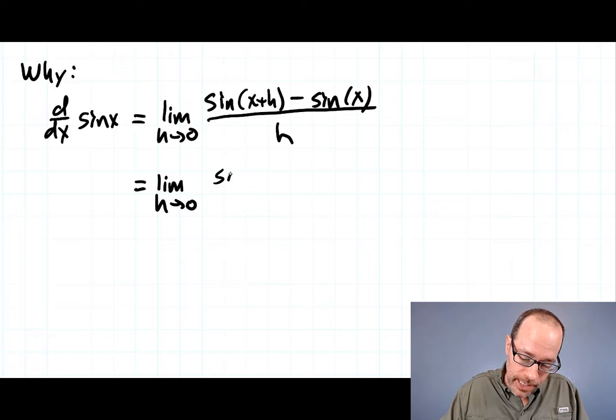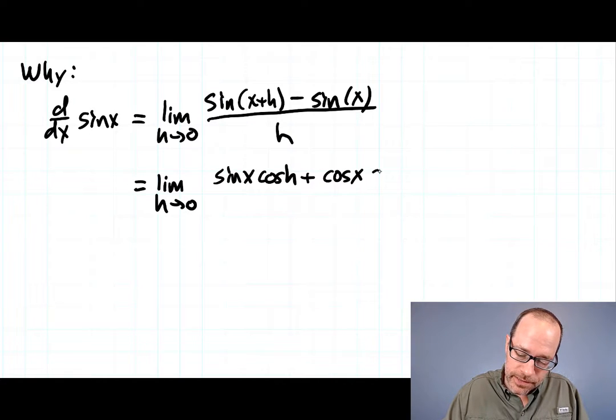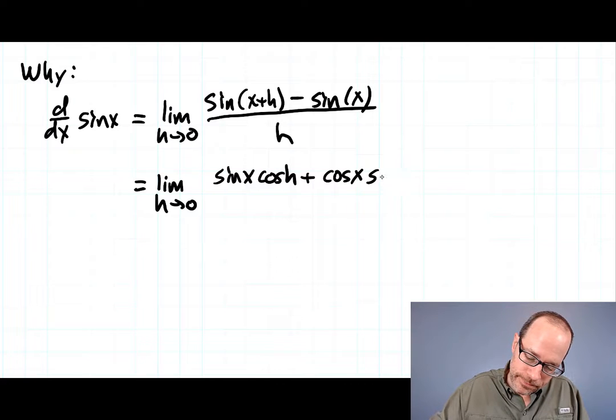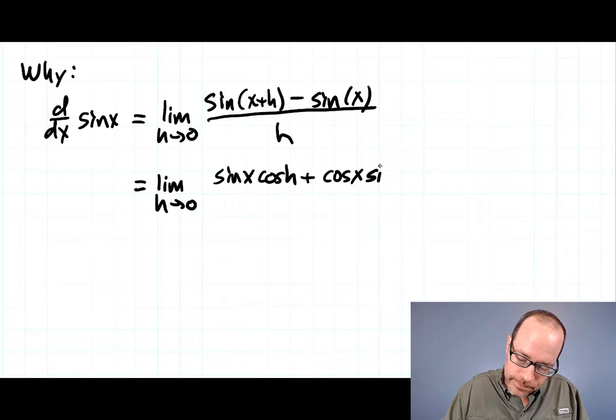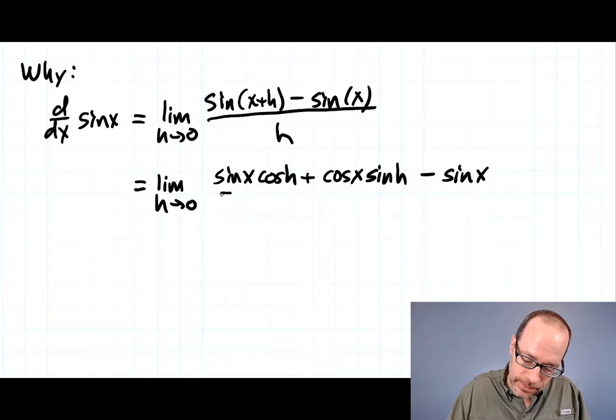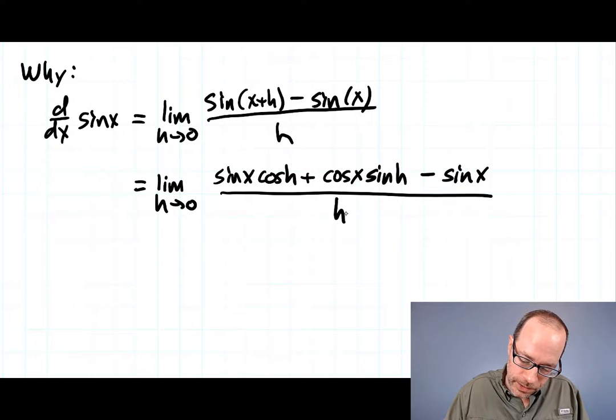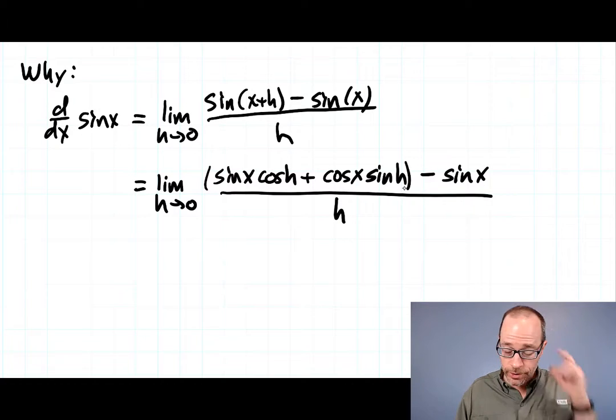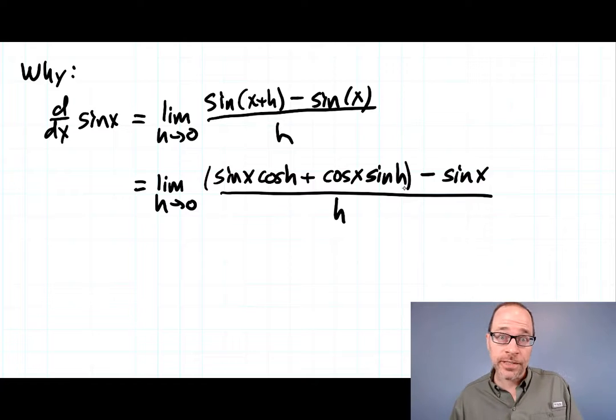So that's the sine of x, cosine of h, plus the cosine of x, sine of h, minus the sine of x, all over h.